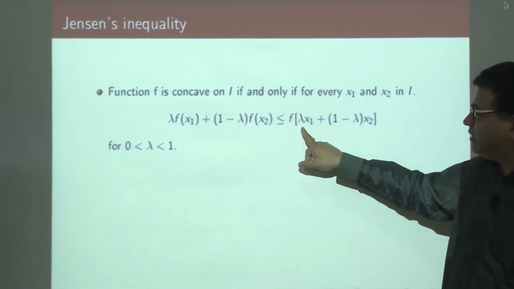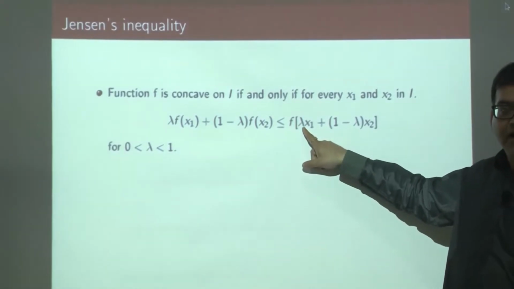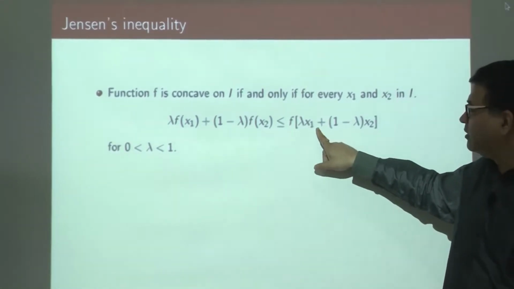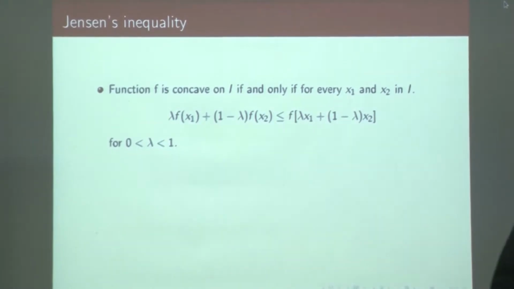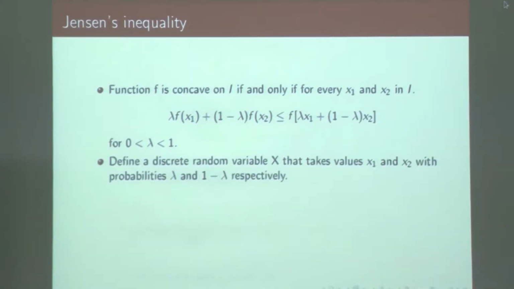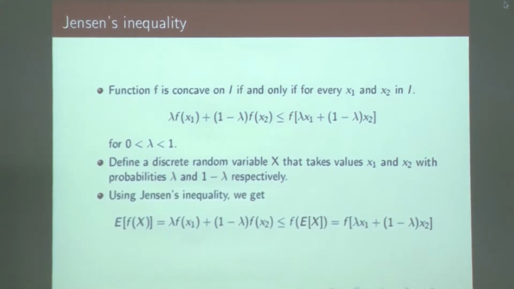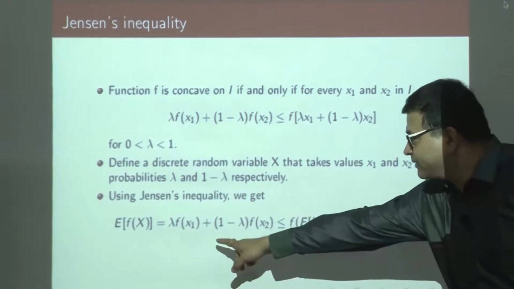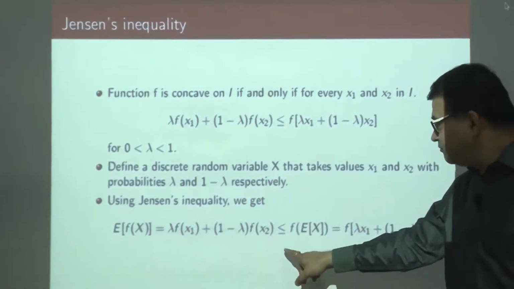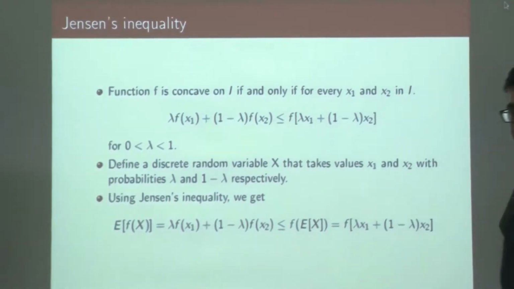So what is the expected value of x? Lambda of x1 plus 1 minus lambda of x2. So this is what I have said. Take a random variable x which will take values x1 and x2 with probability lambda and 1 minus lambda, and using Jensen's inequality, the function of the expected value will be this, which should be less than the function's expected value.